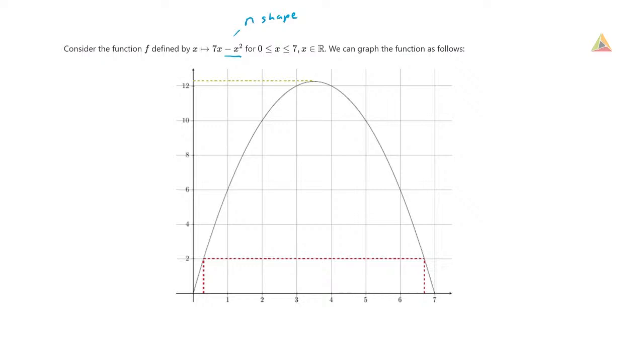So if the function f represented the height in meters of a golf ball above the ground, x seconds after it's hit, we could estimate that the maximum height of the ball from the graph is approximately 12.5 meters.